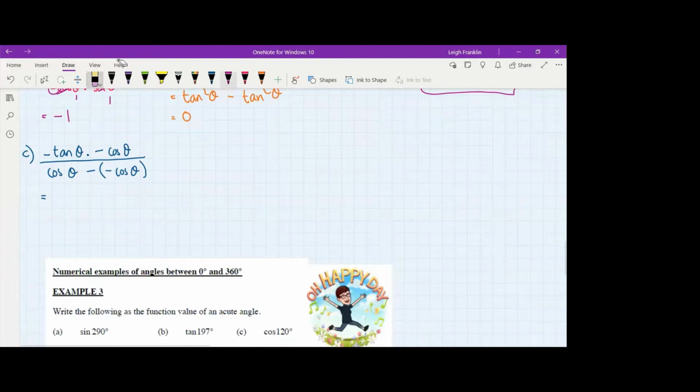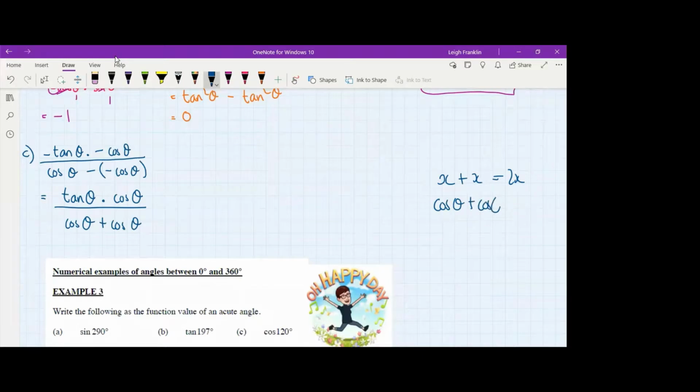So now we've got tan theta times cos theta over cos theta plus cos theta. And in the same way that we would say x plus x is 2x, if we've got cos theta plus cos theta, we've got 2 cos theta.